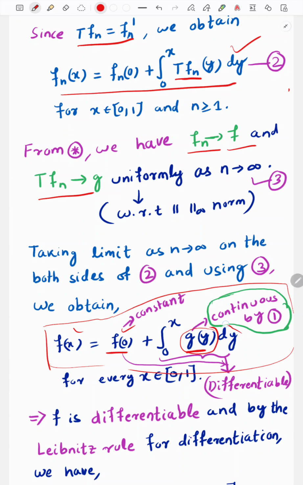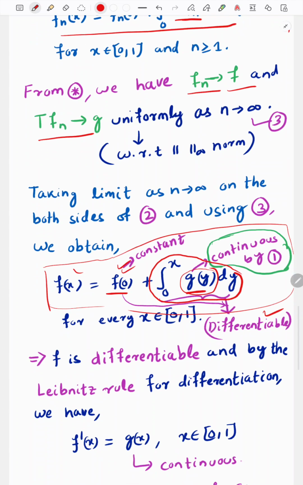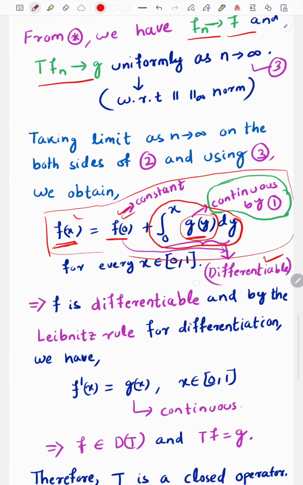So the integral from 0 to x of g(y) dy is differentiable. And this is a constant function, which means it is also differentiable, and we know that the sum of two differentiable functions is differentiable. So the right hand side is differentiable, but the right hand side is equal to the left hand side function, and the left hand function is f.